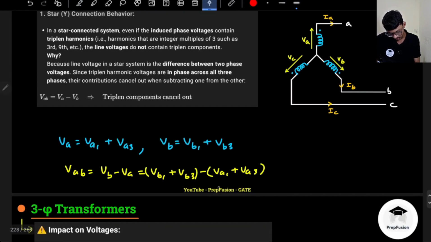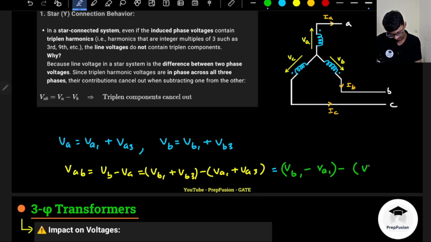As I know that the third harmonics are in zero phase and equal magnitude, I can write VB1 plus VB3 minus VA1 minus VA3.